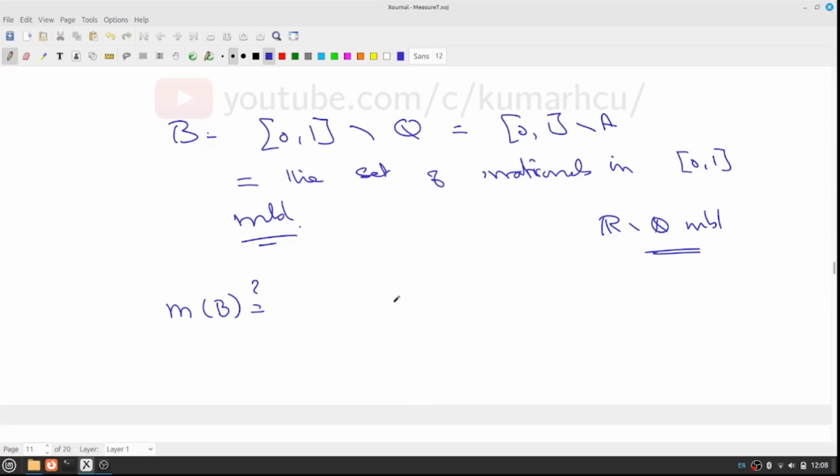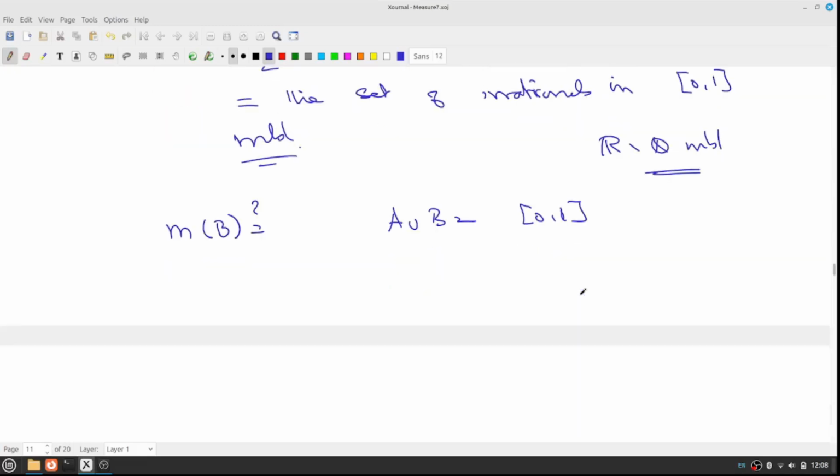Notice that A union B is [0, 1]. We had already seen that if A intersection B is empty, then m star of A union B is m of A plus m of B. This was a corollary we did earlier.